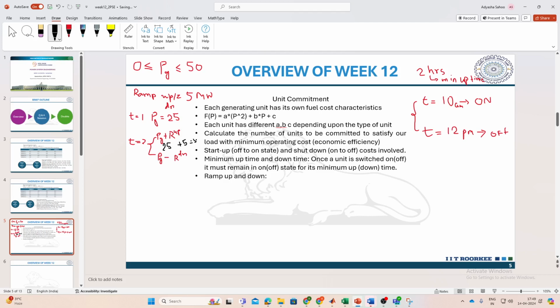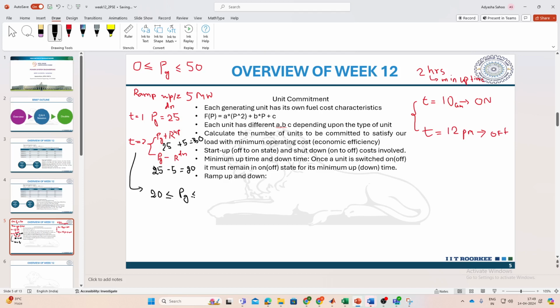So it can go till 30, or it can ramp down from 25 to 20. Means that at t equal to 2, your Pg can vary between 20 to 30.